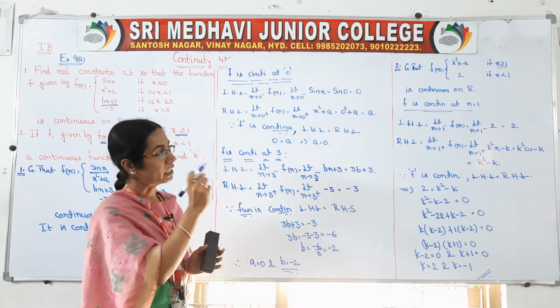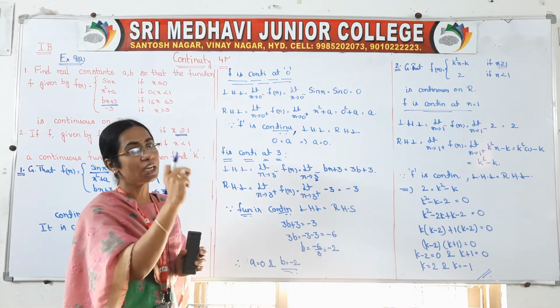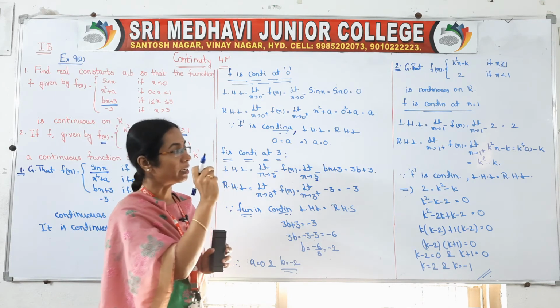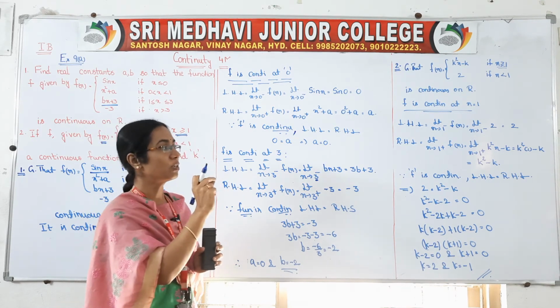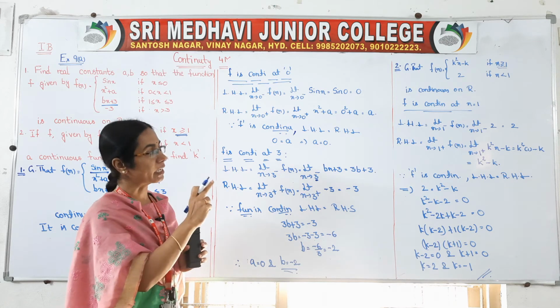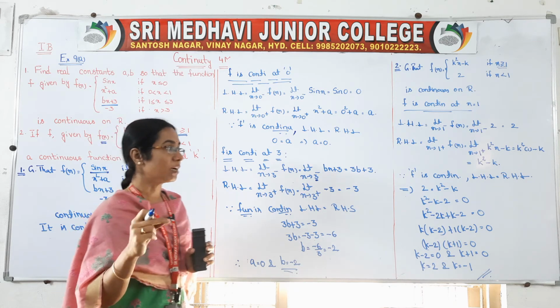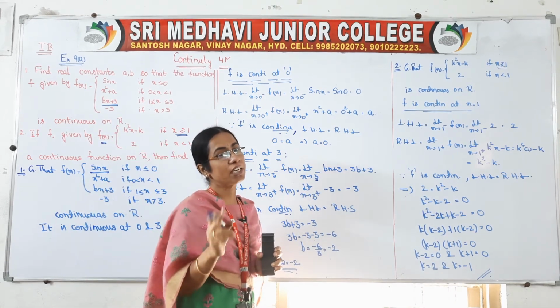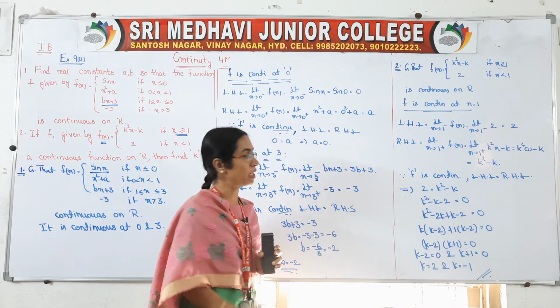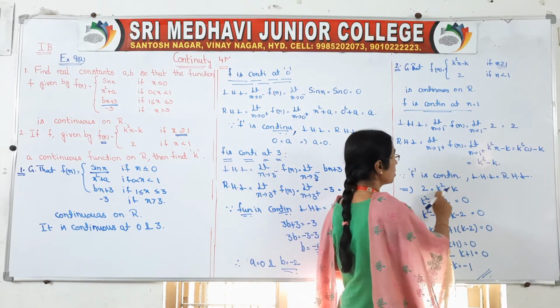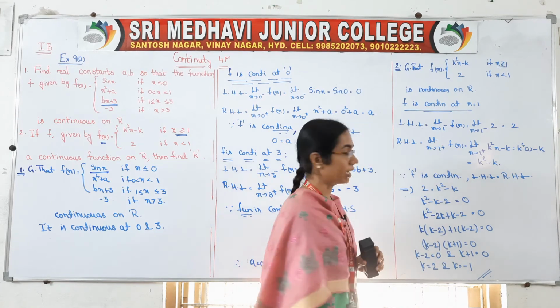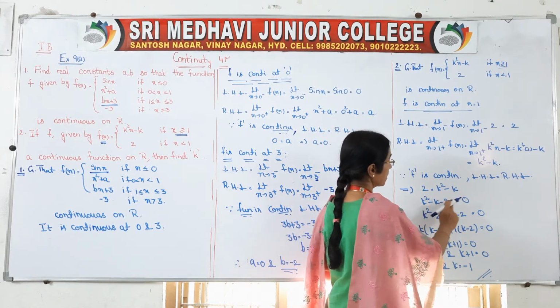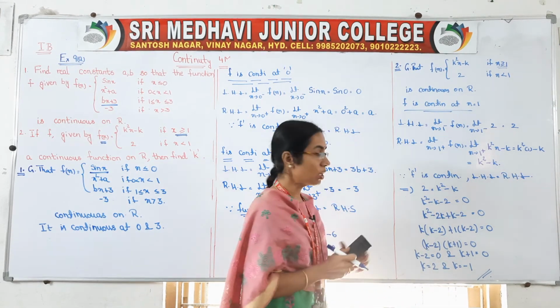So in that x place you substitute the limit, which is 1. So k square into 1 minus k, that is k square minus k. Since f is continuous, left hand limit is equal to right hand limit. So 2 is equal to k square minus k. So k square minus k minus 2 is equal to 0.